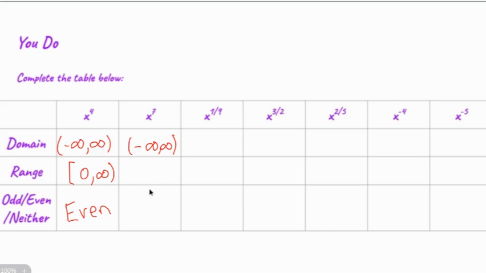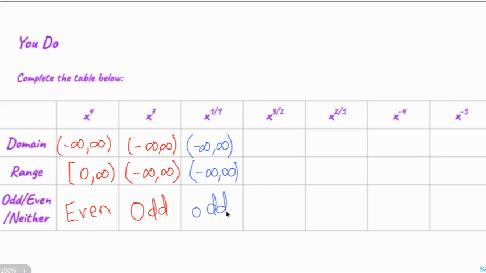And then the odd degree monomials will always have all real numbers as their range. So those are kind of stamped in place. We can set those in stone. Okay. Now 1/9, that ends up being negative infinity to infinity and negative infinity to infinity, and it is odd.